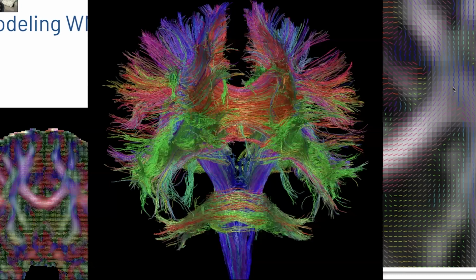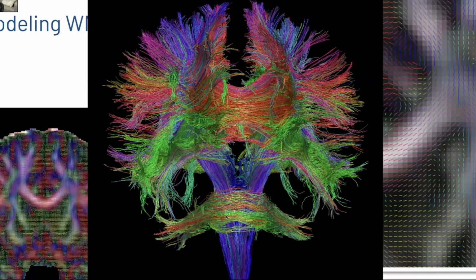So we use this information to calculate FA and the other measures that I talked about, but you can also essentially play connect the dots when you have all of these lines here and connect them to make tracts like this. This is a tractogram of the brain looking just like this, so you can see the corpus callosum across the middle.